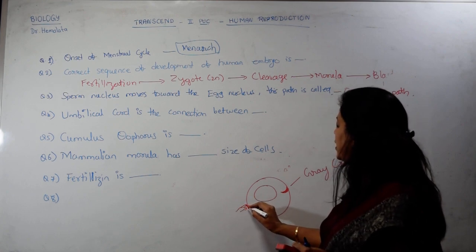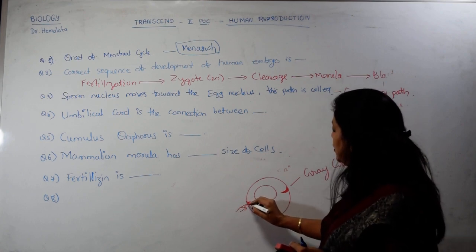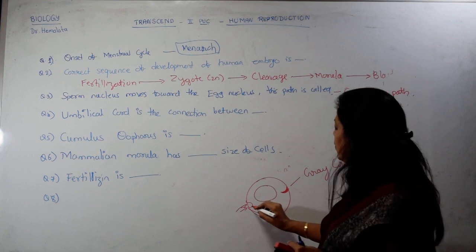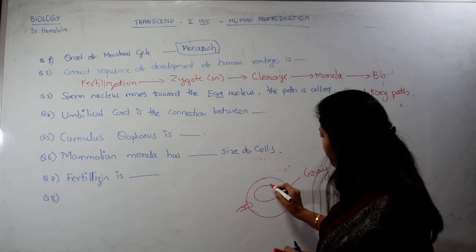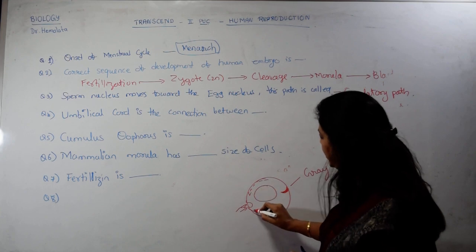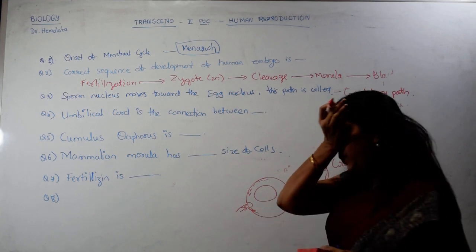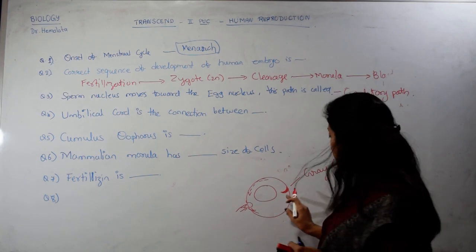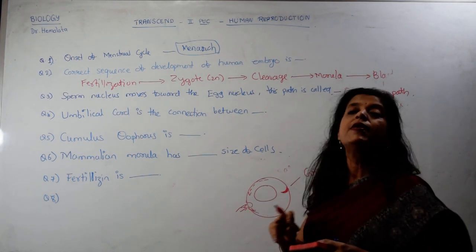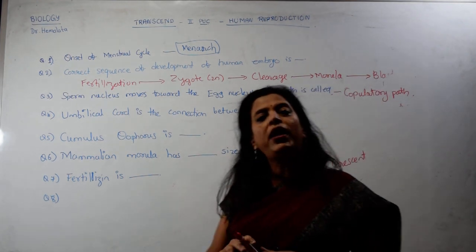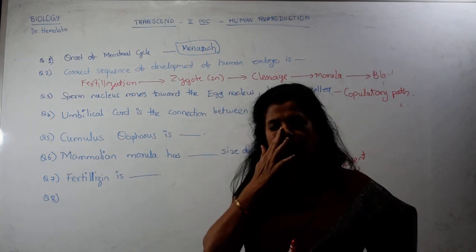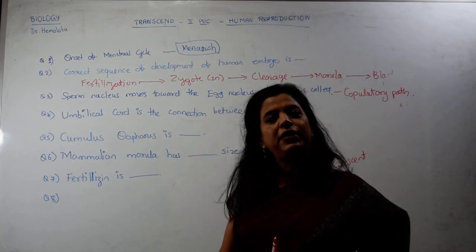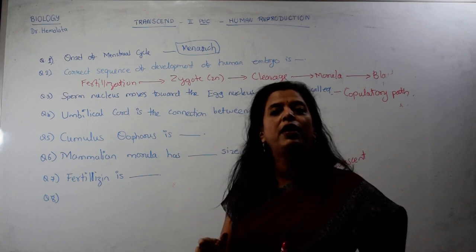Suppose sperm has penetrated like this, then some kind of engulfment happens here. Therefore, all the pigments will move towards this point. At the opposite end, it becomes totally colorless. It becomes crescent shaped. It is called the grey crescent. Then why am I stressing the grey crescent? The major thing is the grey crescent is called the primary organizer.